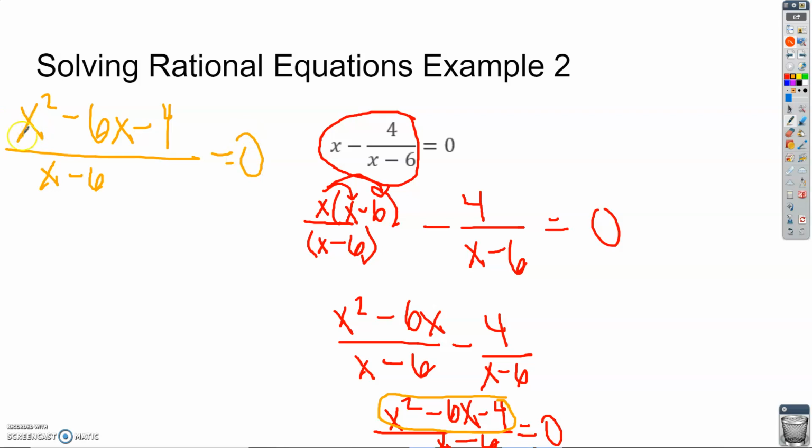And so this is an easy factor because it's just x squared in the front. But I need two numbers that multiplied together give me negative 4, but when I add them give me negative 6. And there is none, so that means I have to use the quadratic formula. So that's negative b plus or minus the square root of b squared minus 4ac all over 2a.